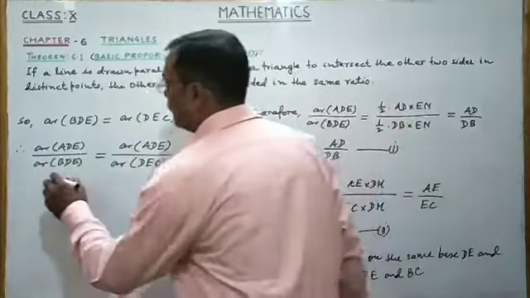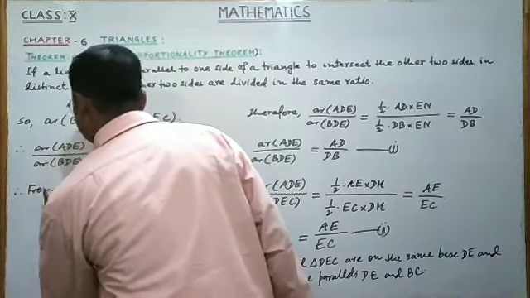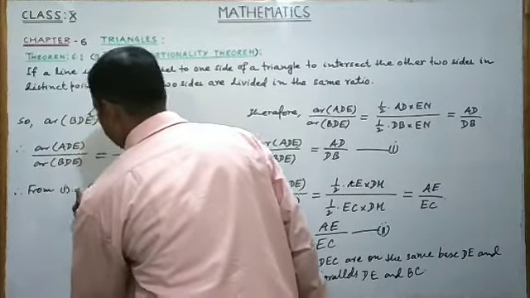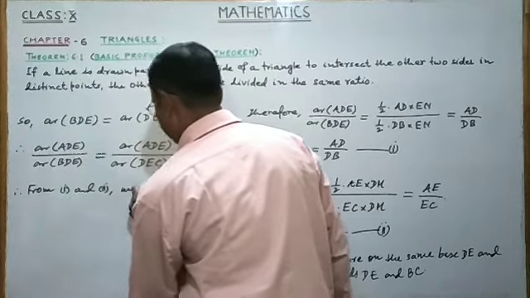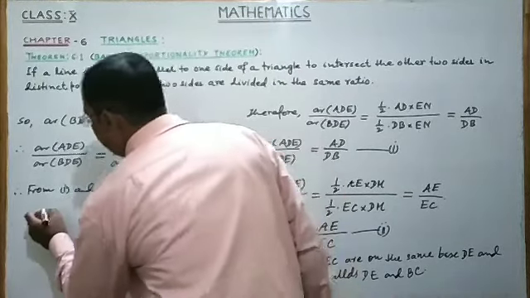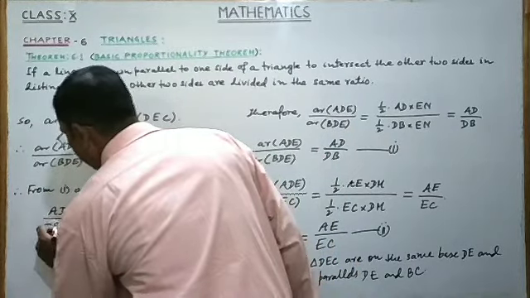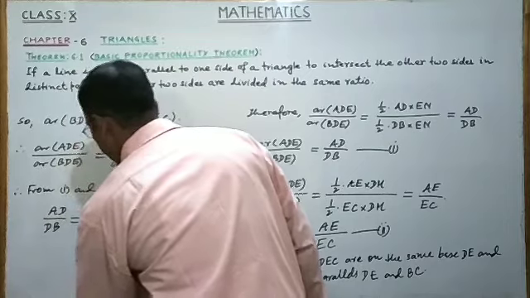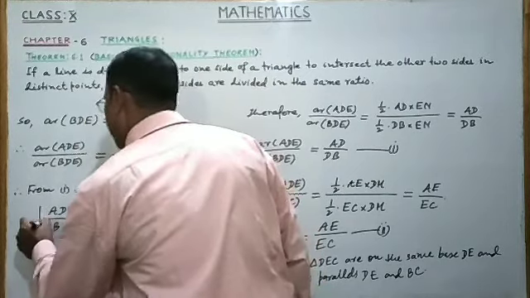Therefore, from 1 and 2 we have AD by DB is equal to AE by EC.